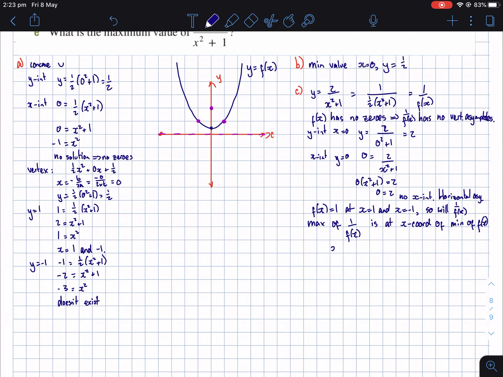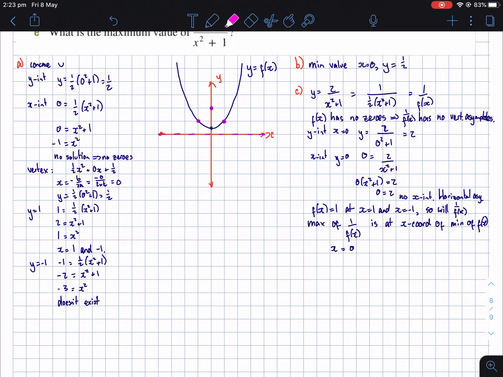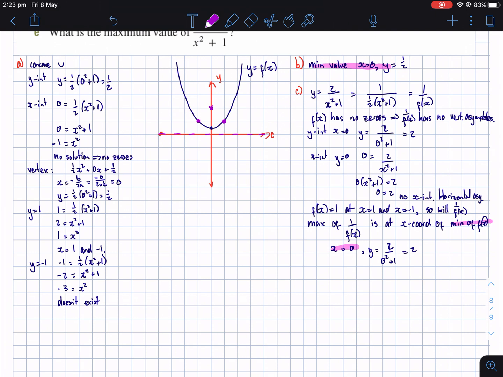So that was x equals 0. So here we're going to have y equals 2 on 0 squared plus 1, so it's just going to be 2. So yeah, we've already graphed it. This is our maximum, yeah? So it's going to come along and go along and never get there.